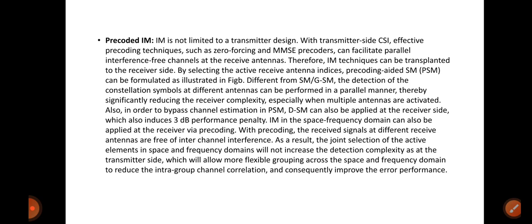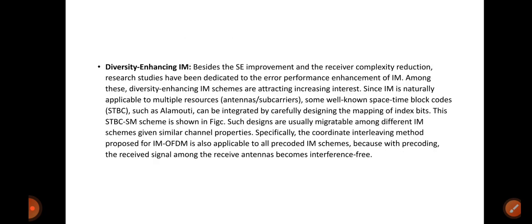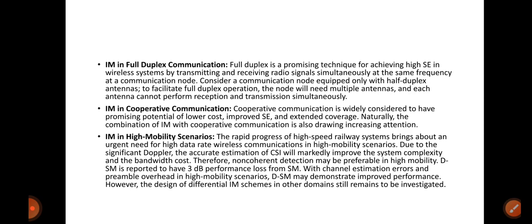As a result, the joint selection of active elements in the space and frequency domain will not increase the detection complexity as at the transmitter side, which will allow more flexible grouping across the space and frequency domain to reduce the intra-group channel correlation and consequently improve the error performance.